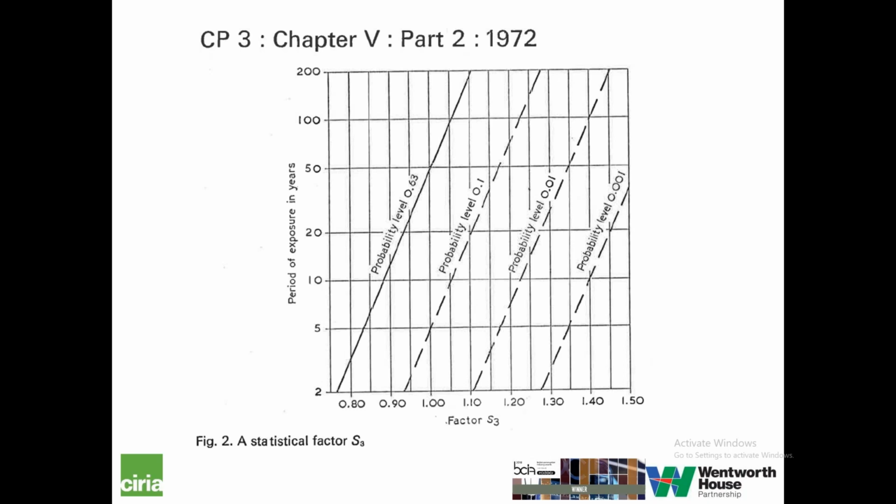If you take the typical 50-year return period, the statistical factor of 1 gave you a probability level 0.63. And in those ancient days, we used to design temporary works based on having the same probability level over 50 years for the temporary works which existed for 2 years, which gave you a reduction factor of 0.77.